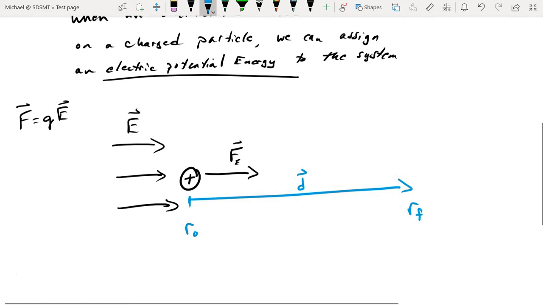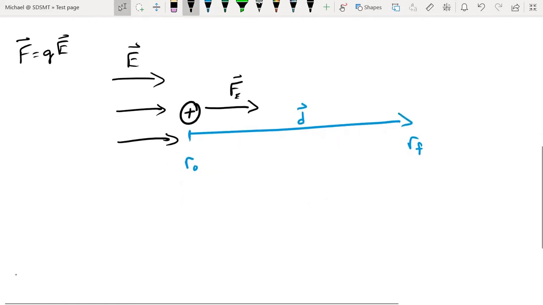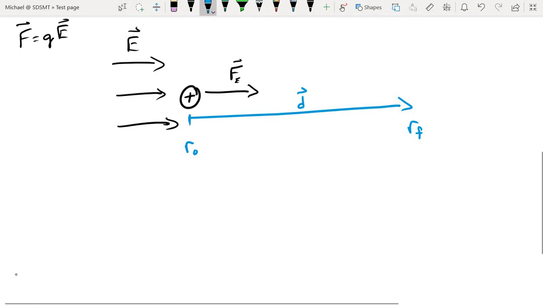So d would be the difference in r final and r initial. But we should remember from Physics 1 that anytime a force is applied to a displacement, there is work done.